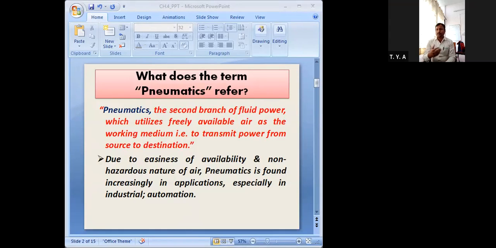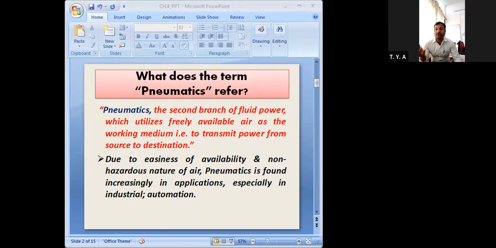Once again I am repeating why air is used: because air is abundantly available in the environment, in the surroundings. It is safe to use because it is non-hazardous in nature, and it is very cheap in cost. It also has easier maintenance and easy handling.